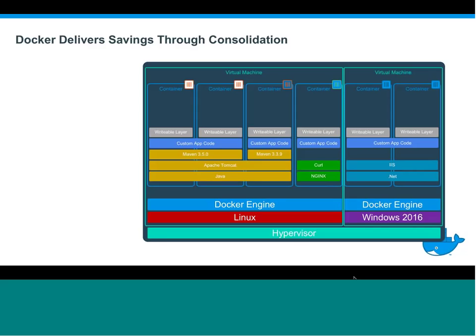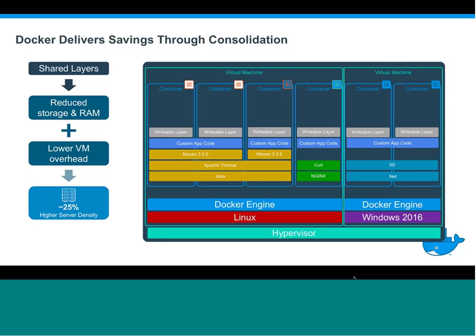We see a lot of significant consolidation benefits when customers use these together, up to the tune of 25% and sometimes even greater, depending on how customers have deployed their virtual machines.